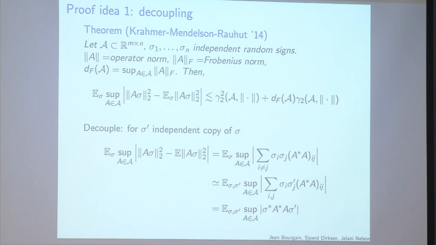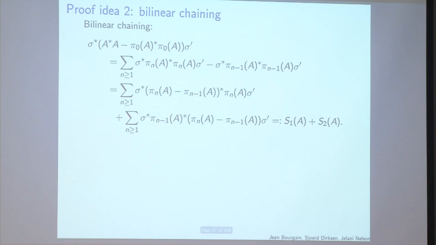This is the point where the chaining comes in, and we're actually going to do a special chaining argument that makes use of this product structure of the coefficient matrix, A star A. What we're going to do is a bilinear chaining argument, where you chain on both sides simultaneously.